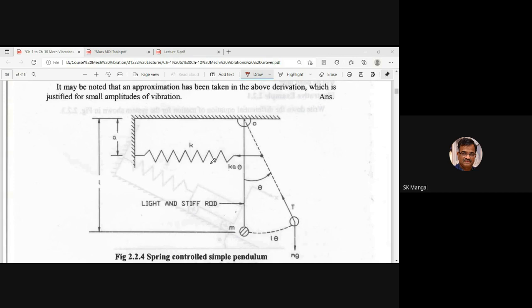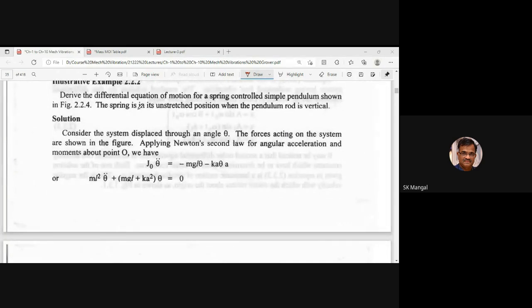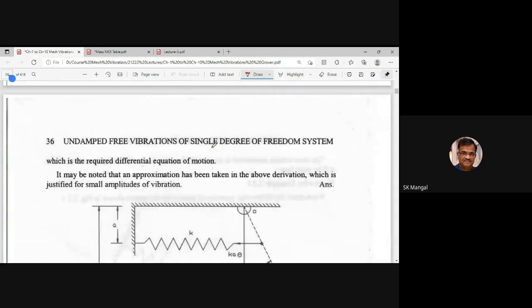So here we need to derive the differential equation of motion for a spring controlled pendulum, and as it is saying that the spring is in its unstretched position when the pendulum rod is vertical. So there is no spring force in the spring under the static equilibrium condition.